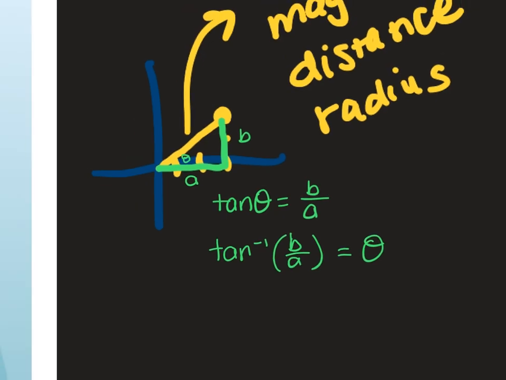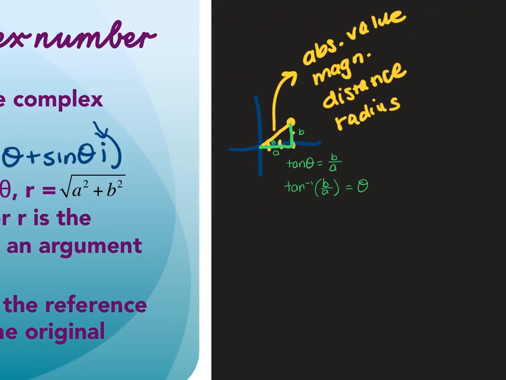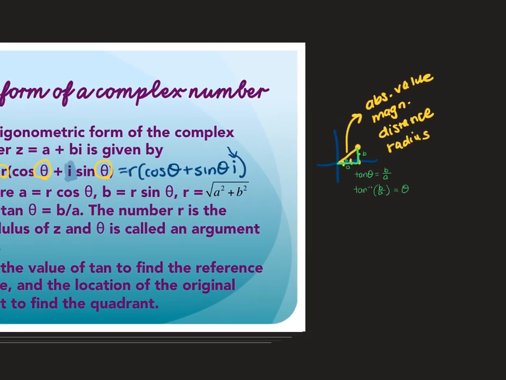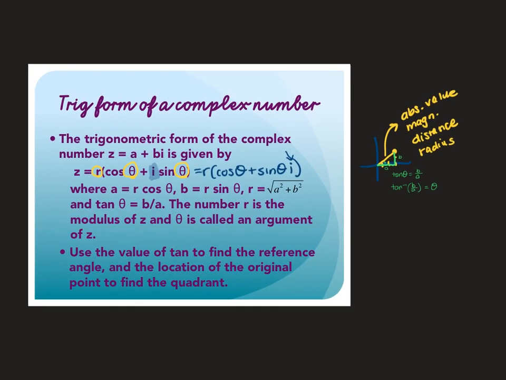So r is the square root of a squared plus b squared, and theta is going to be found by doing the tangent -1 of b over a. This is just some vocab here. It says r is the modulus of z, and theta is called the argument of z. You won't be tested on that, but your book might refer to it just in case you see it pop up.